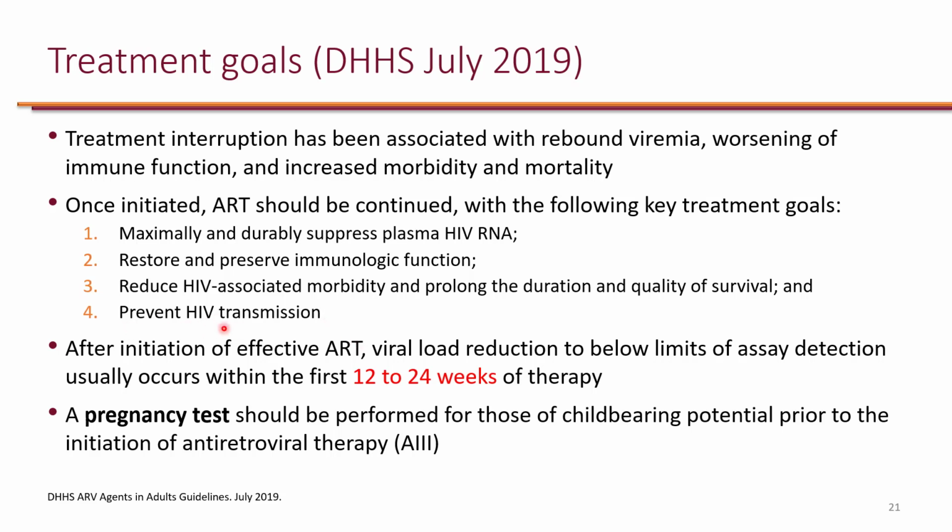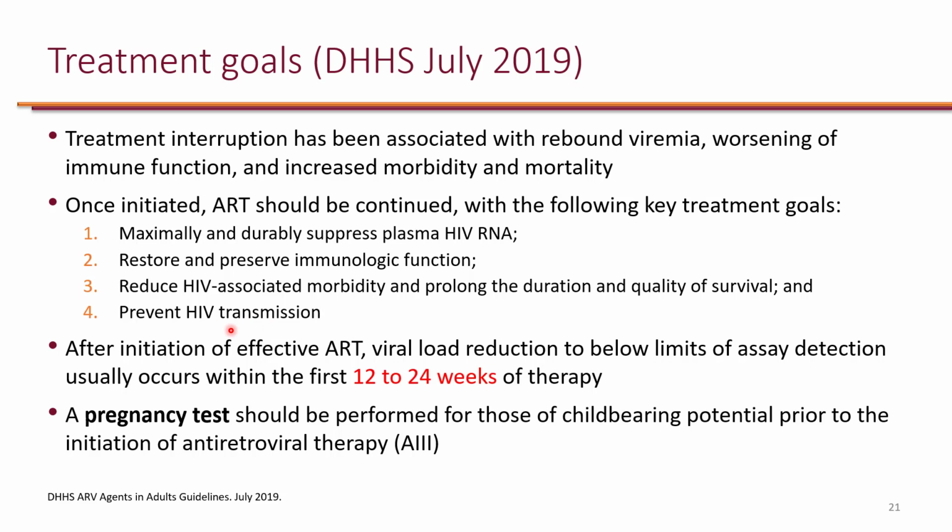So for example, transmitting it to infants, for women who are pregnant, and of course to partners through sexual transmission, as well as other risky behaviors such as sharing needles for injection drug users, for example.